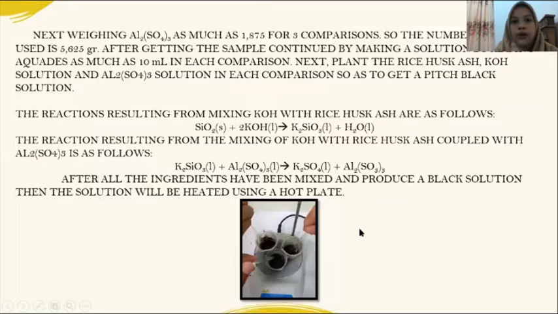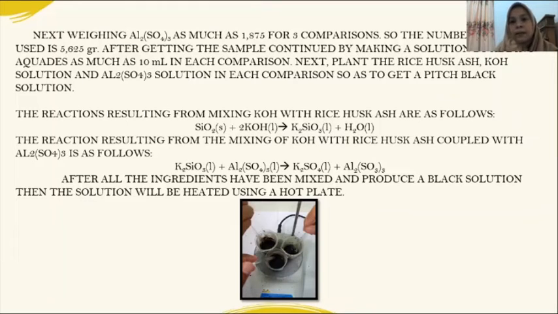Next, weighing aluminum sulfate as much as 1.875 grams for 3 comparisons, so that the total sample used is 5.625 grams. After getting the sample, it is continued by making a solution by adding water as much as 10 milliliters in each comparison.